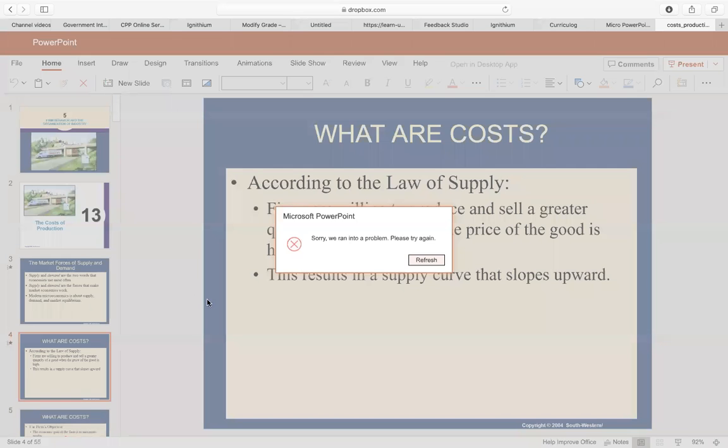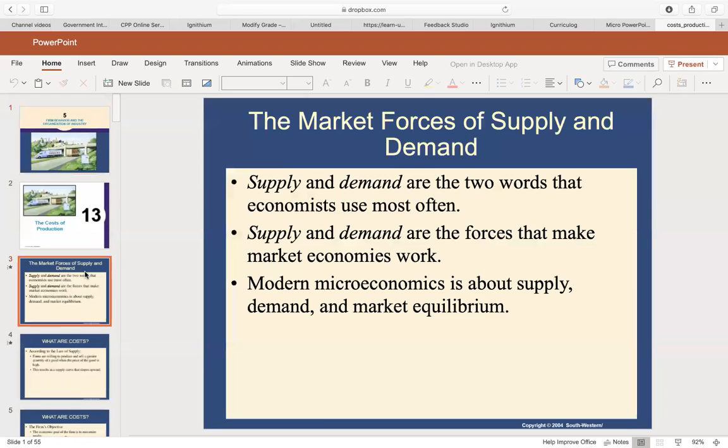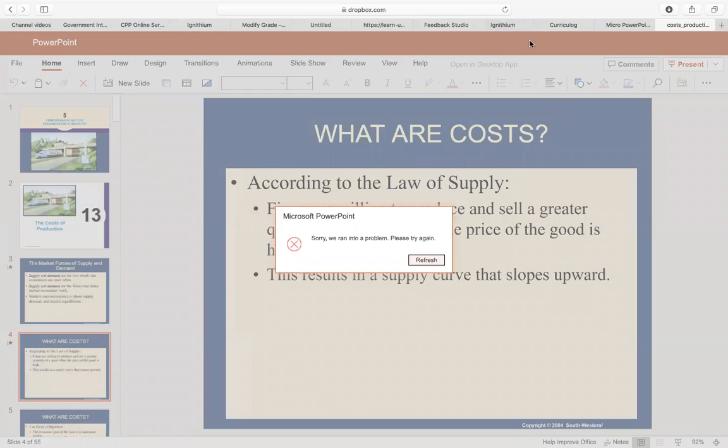Okay, it's trying to refresh. Okay, you guys can still see it, right? There was a technical hiccup. Uh-oh, it's having trouble again.